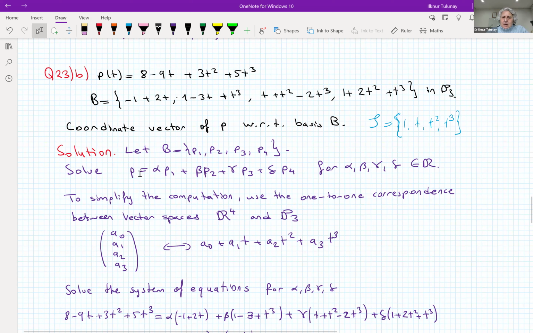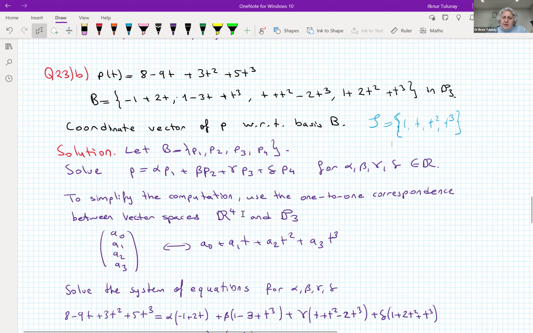And as I mentioned in my tutorial, it is easier to use the correspondence between vector spaces. To simplify computation, use the one-to-one correspondence between vector spaces.